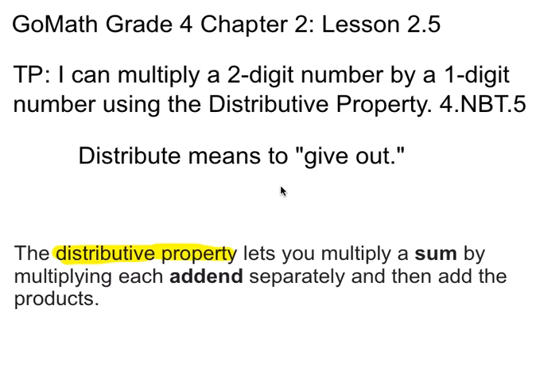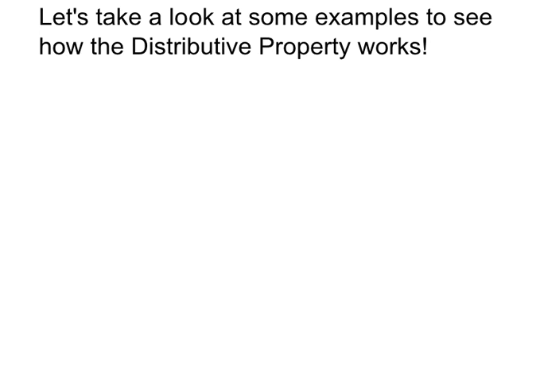So the distributive property lets you multiply a sum by multiplying each addend separately and then add the products. So we're going to take a look at that. Let's take a look at some examples to see how the distributive property works.